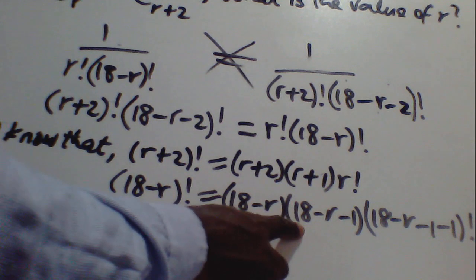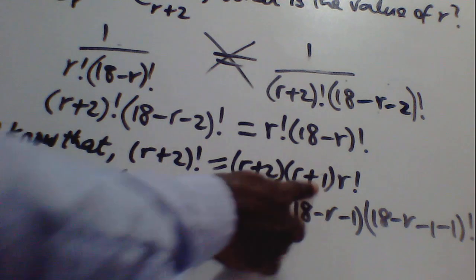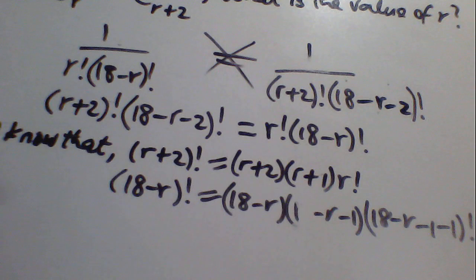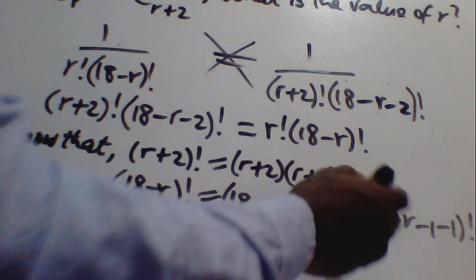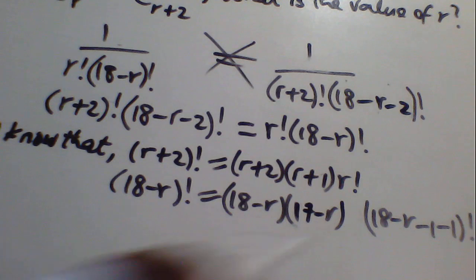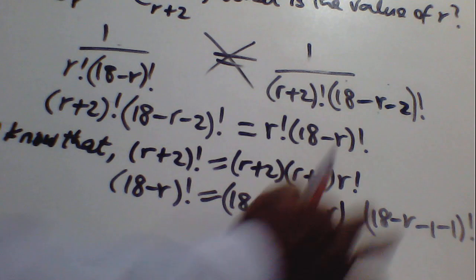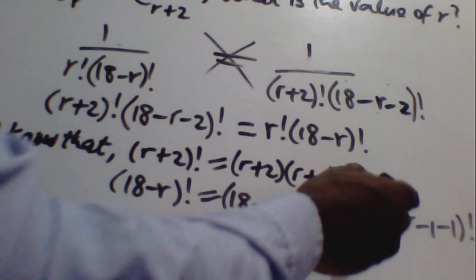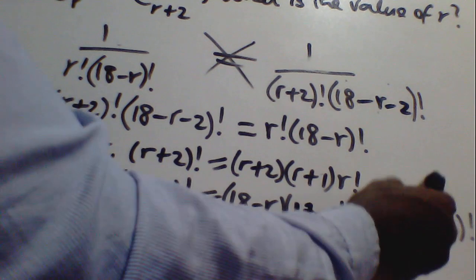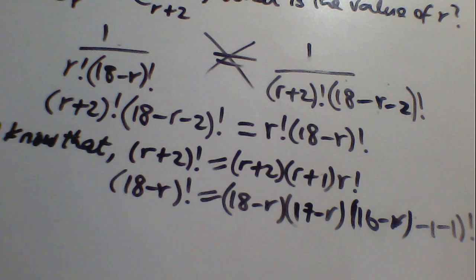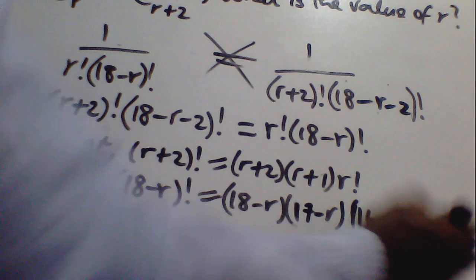You see 18 here, there's minus 1 here, so 18 minus 1 will give us 17. So we have 17 minus R. Then 18 minus 2 will give us 16. So we have (16 minus R) factorial.